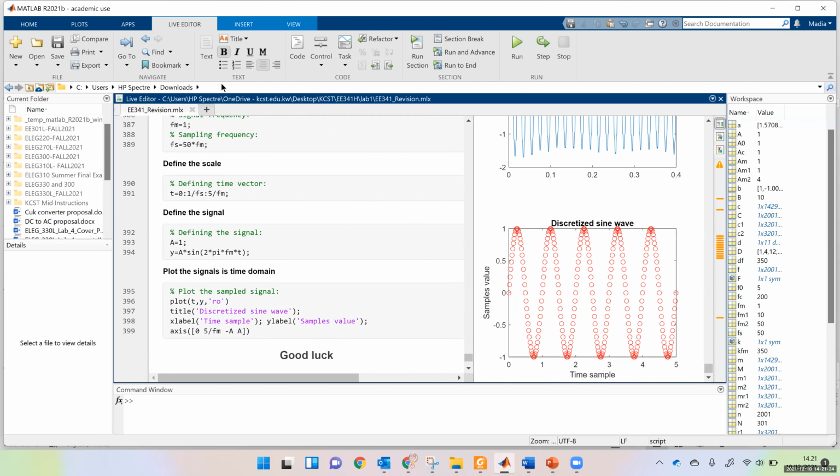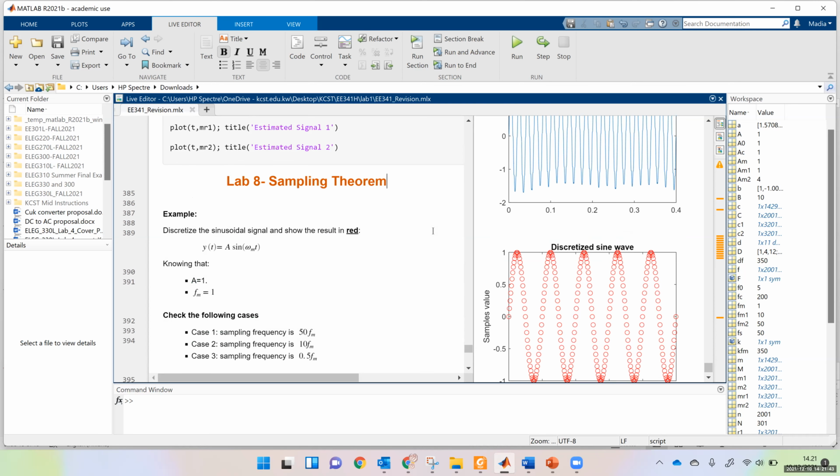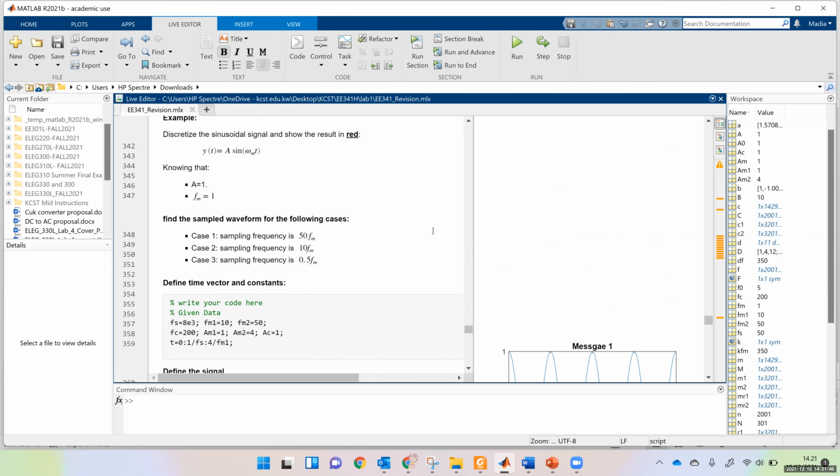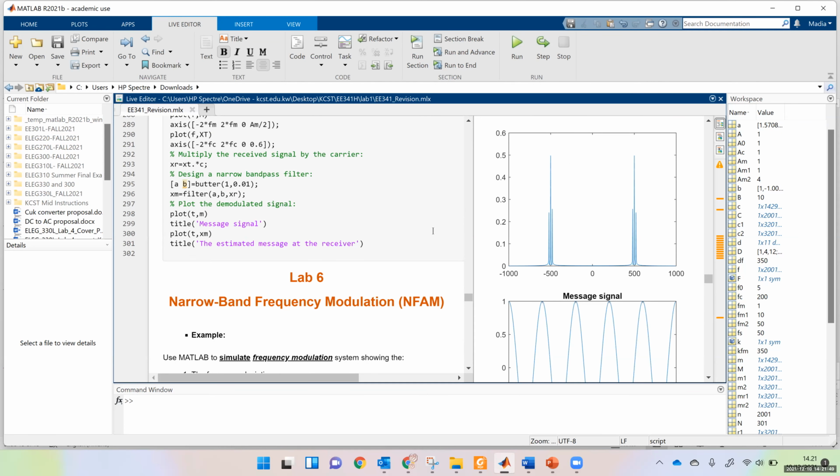This file I will upload to Moodle. You will have it in your lab exam also. You can use this file to solve your exam, because the exam will be open book. You are not allowed to bring any other notes with you, because I have already given all the data from all the labs. So you will have this file with you, and you will be able to solve your exam.